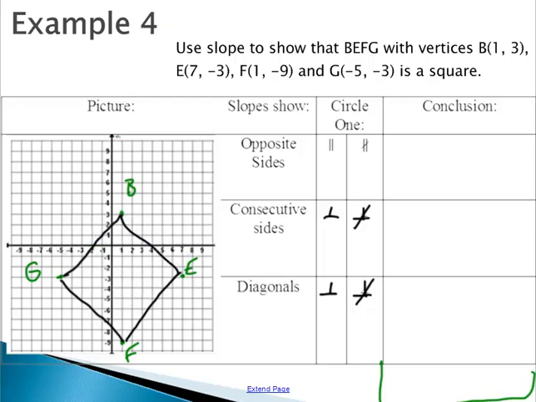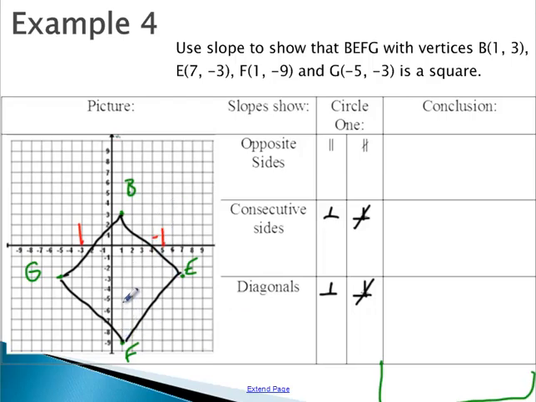So, find the slopes of all of them. I go up 1, 2, 3, 4, 5, 6 over 1, 2, 3, 4, 5, 6. 6 over 6 gives me a slope of 1. Down 1, 2, 3, 4, 5, 6 over 1, 2, 3, 4, 5, 6. 1 over 1, but negative.